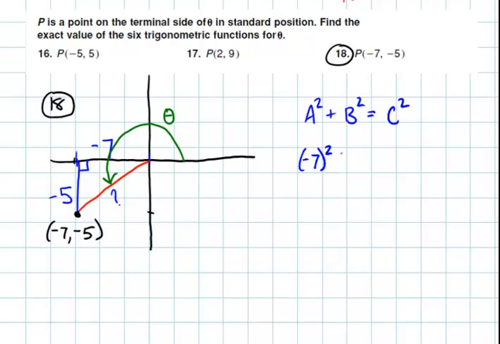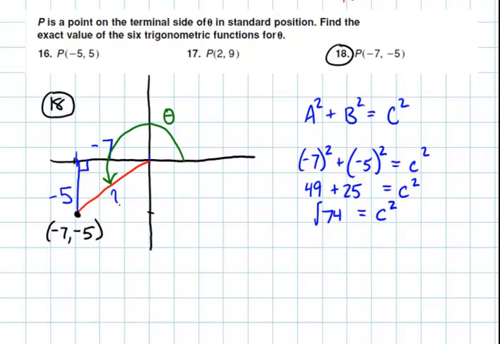I'm going to square it. And B would be -5. To square that, that equals C squared. So 49 plus 25 equals C squared. Now I add them up, and I believe I get 74 equals C squared.